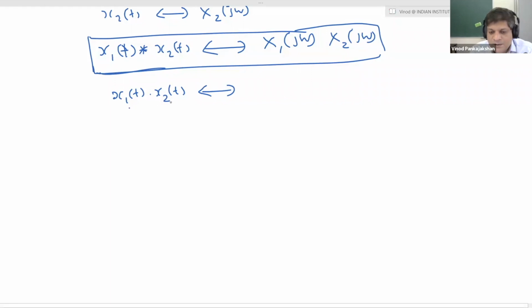Now, if we multiply two signals in the time domain, it is convolution in the frequency domain. There is a scaling factor of 2 pi into the convolution of these two. So it is easy to remember: convolution in one domain, multiplication in the other domain, except for these scaling factors.